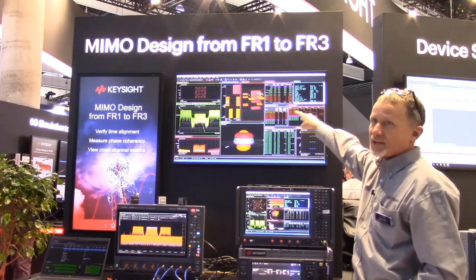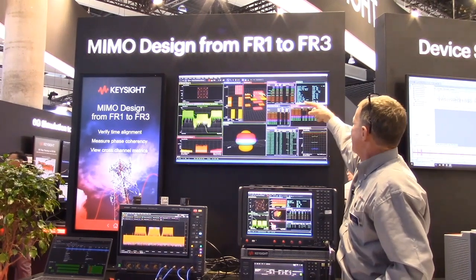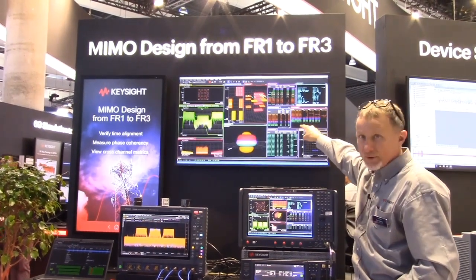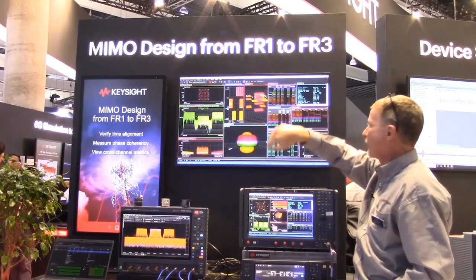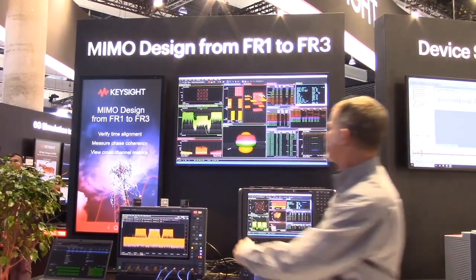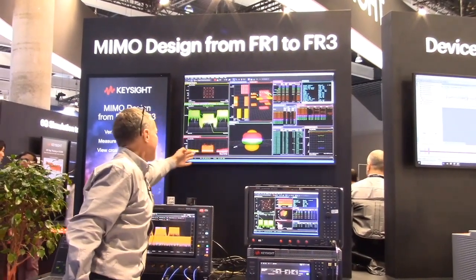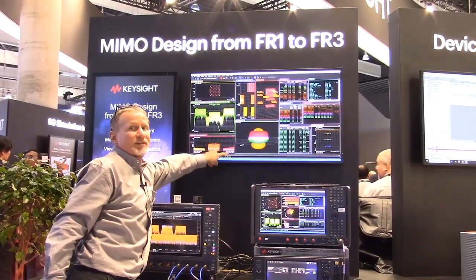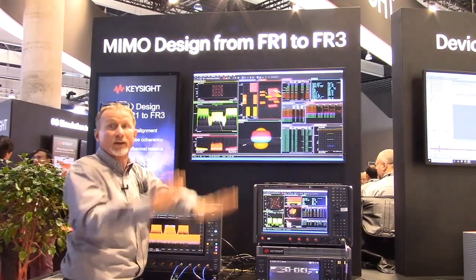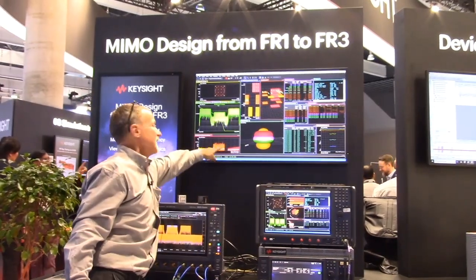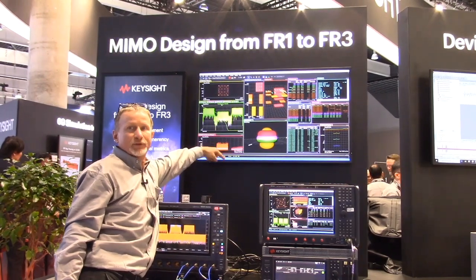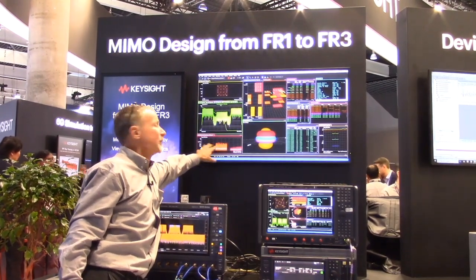The EVM starts out at 0.3%, then goes to 0.4%, 0.5%, and then ends up at 0.8%. If we look at the EVM as a function of subcarrier, we see the 2 single-layer signals that are beamformed have a very low EVM, but because of the decreased amplitude on the spatially multiplexed signal, we see the EVM there is higher.